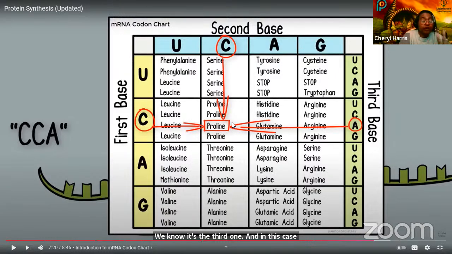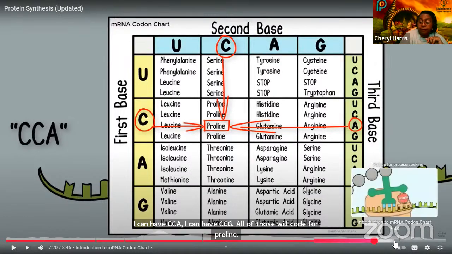So there are 4 different ways to code for proline. That's what this box is telling me. I can have CCU, CCC, CCA, or CCG. All of those will code for proline.